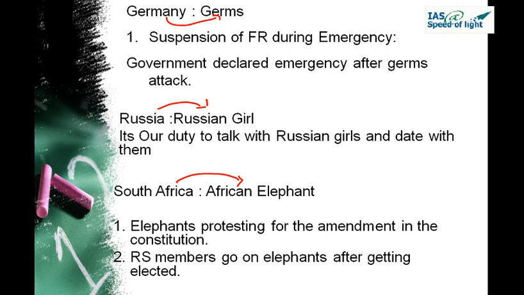Once Rajya Sabha members get a point, they get their own elephant, so they come with their elephants only. You can see that picture where an elephant is given to each member of the Rajya Sabha, and they all come on their elephants. So we are linking the South African elephant with the amendment of the constitution first, and second, the election of the Rajya Sabha members.